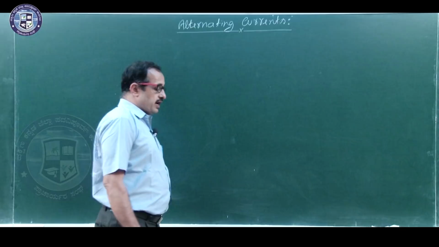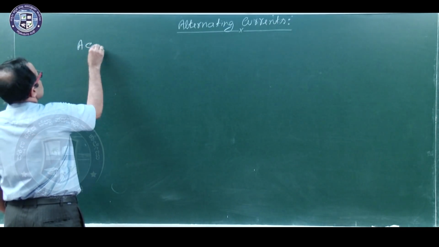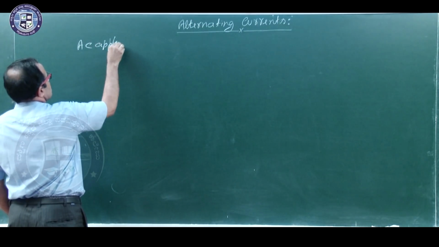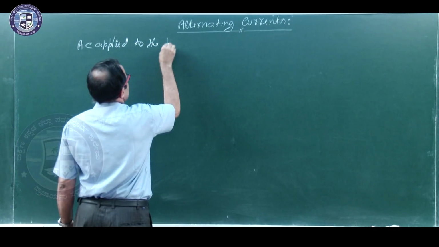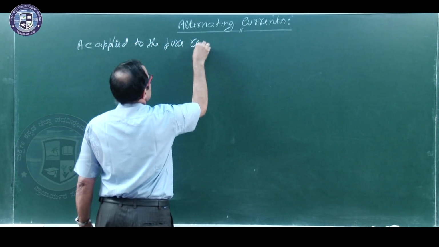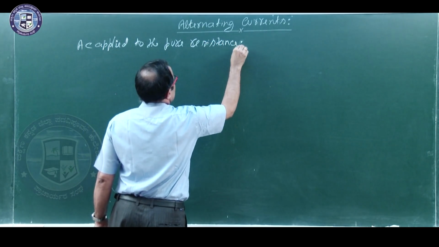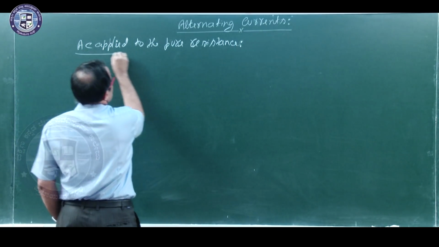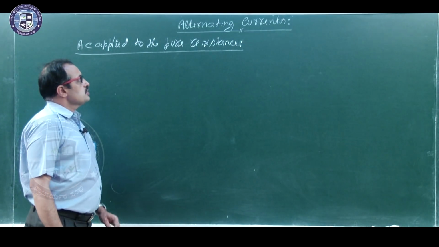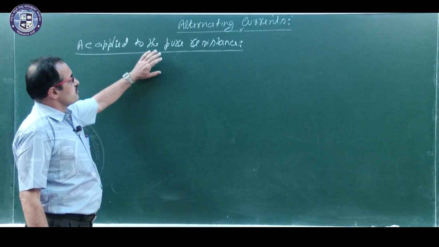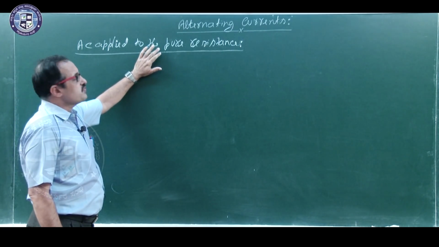So, AC applied to the pure resistance. See, AC applied to the pure resistance means it has got only resistance and all other values are 0.